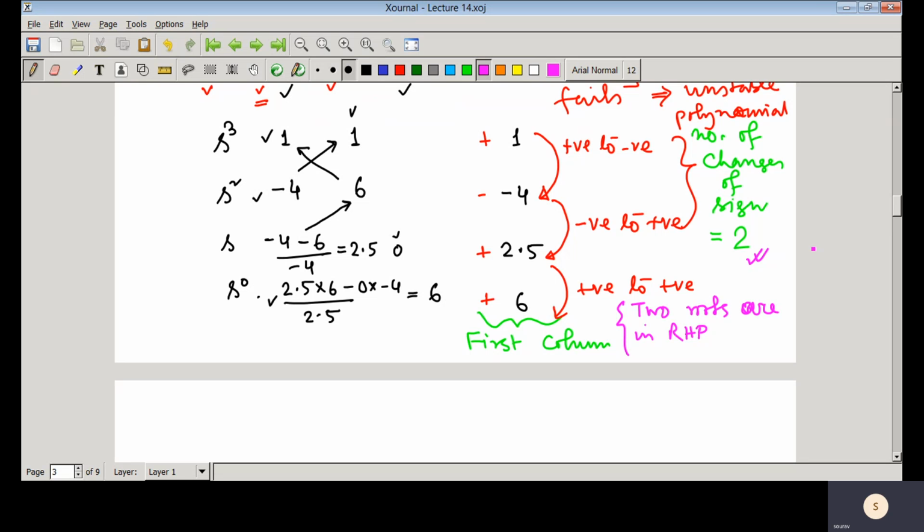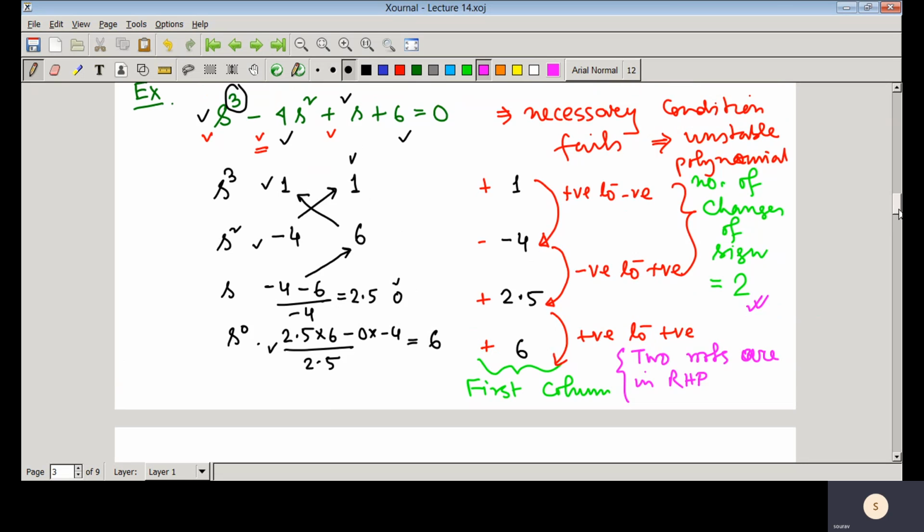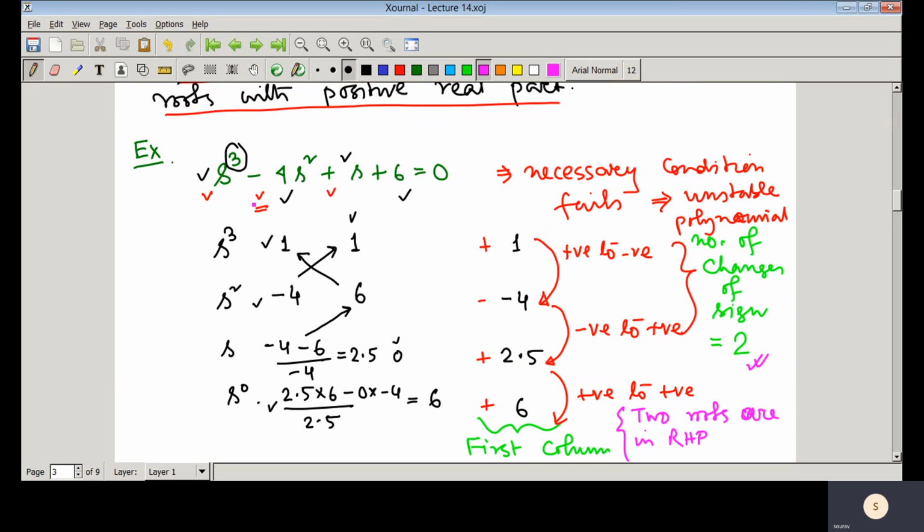As the number of changes of sign is equal to 2, 2 roots are in the right half plane. We can easily also see this one. If you factorize this polynomial, the factorization would give you s minus 2, then s plus 1, then s minus 3 equal to 0. So one root is 3, another root is 2. So 2 roots are on the right half of the S plane.